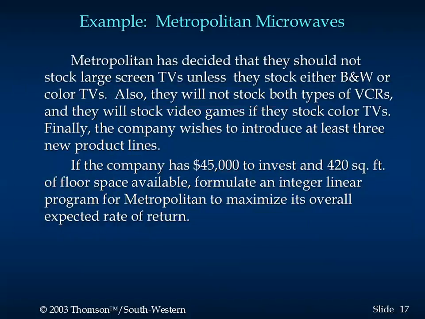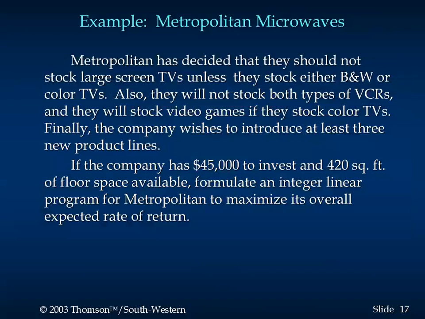So Metropolitan has decided that they should not stock large screen TVs unless they stock either black and white or color TVs. So only if they stock one of these should they stock large screen TVs. Also, they should not stock both types of VCRs. So one but not the other, or neither. Right?